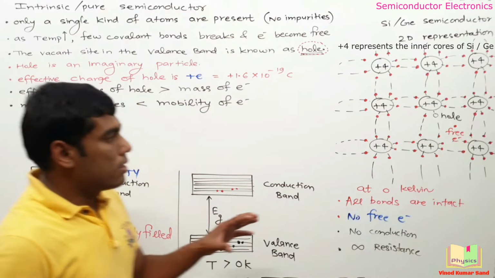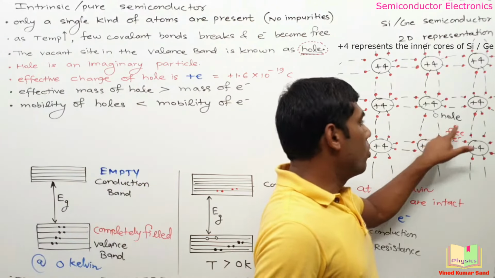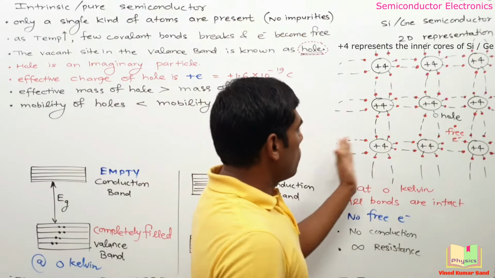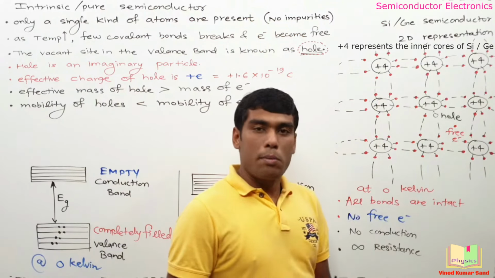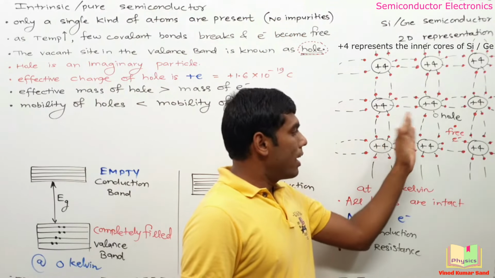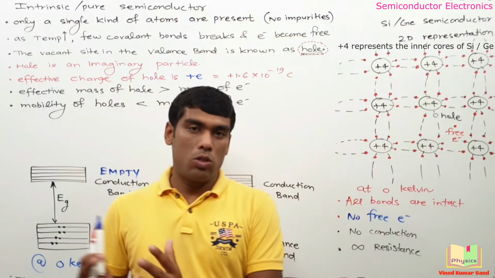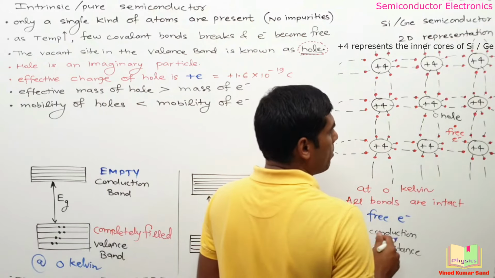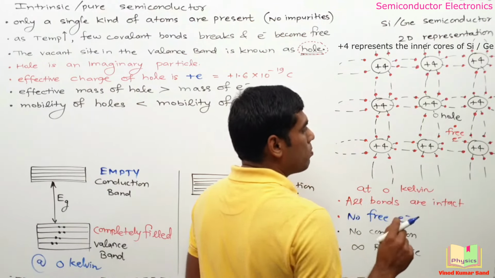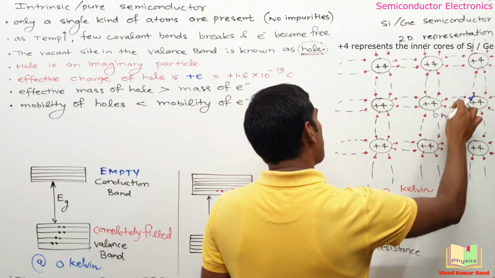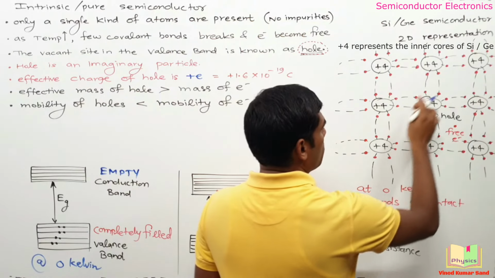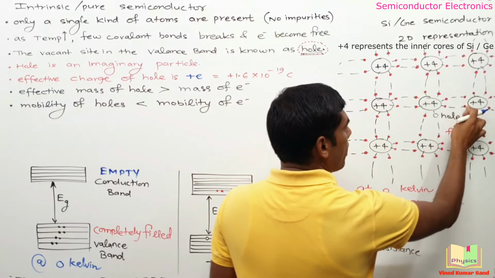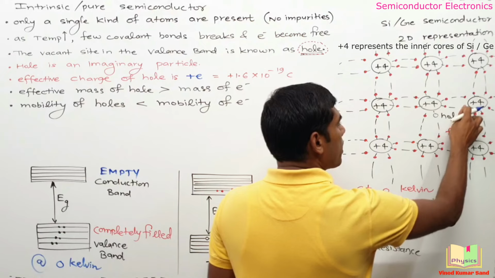Now let us discuss how the movement of the hole and electron takes place. Due to the thermal agitation, few more covalent bonds can break and then few more electrons are free. These free electrons roam inside the crystal lattice. So suppose due to the thermal agitation, one more bond is breaking and the electron becomes free from that bond. Suppose I take this one. Due to thermal agitation, this bond is broken up and the electron becomes free from here.